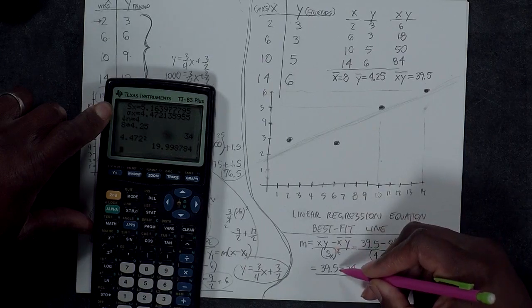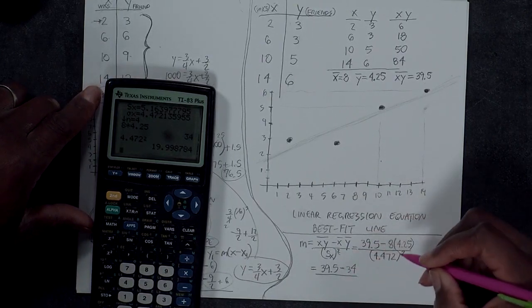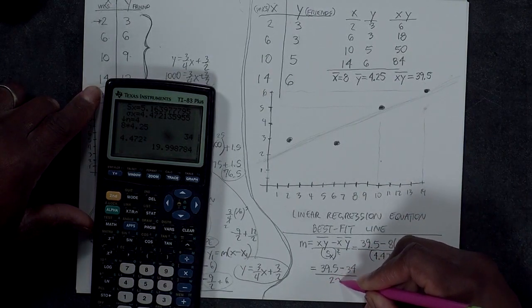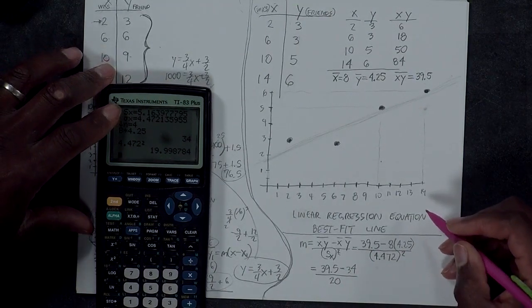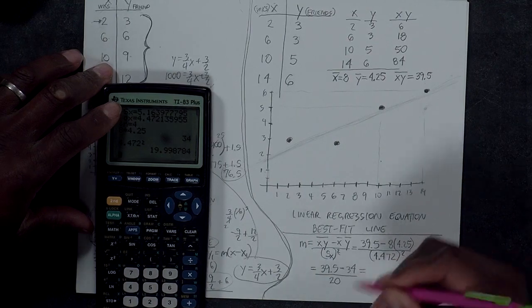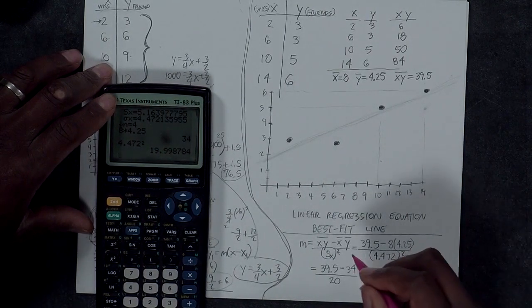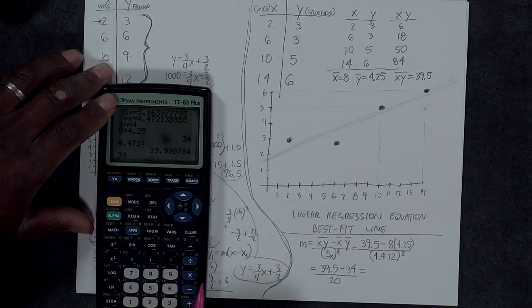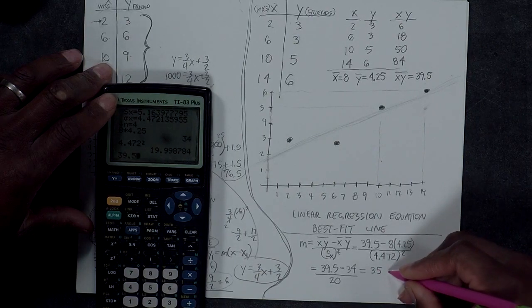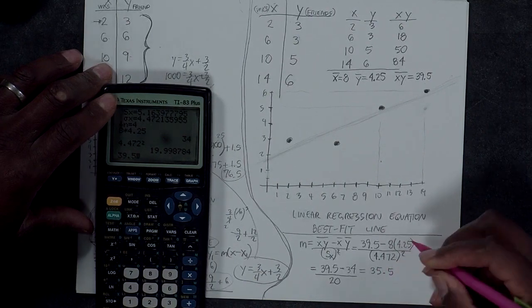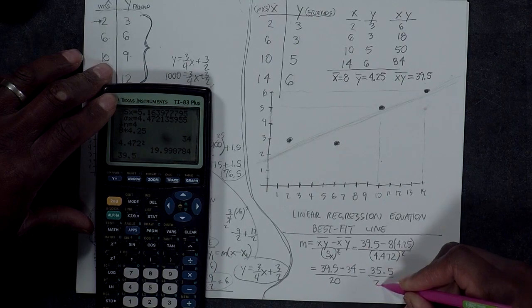We get something very close to 20, 19.998. Let's just round that to 20. And we end up with 39.5 minus 34.